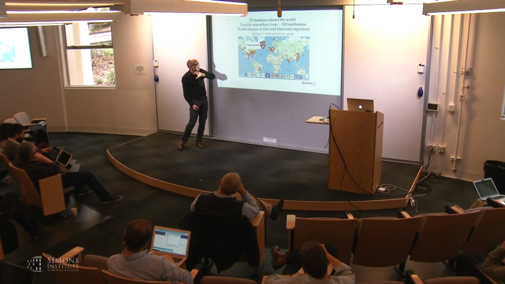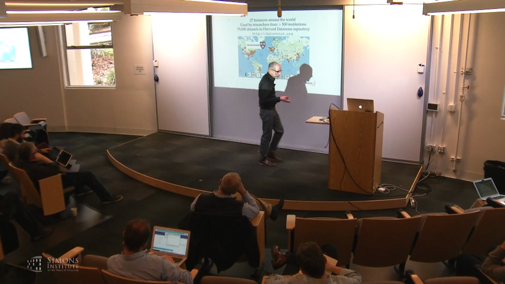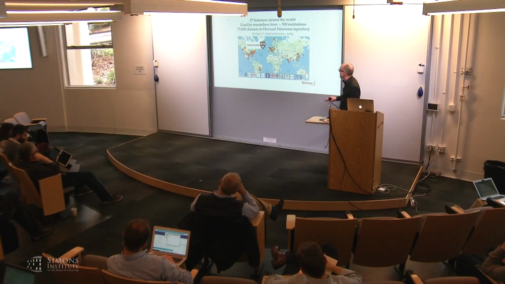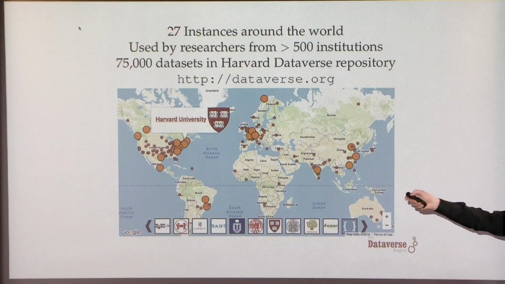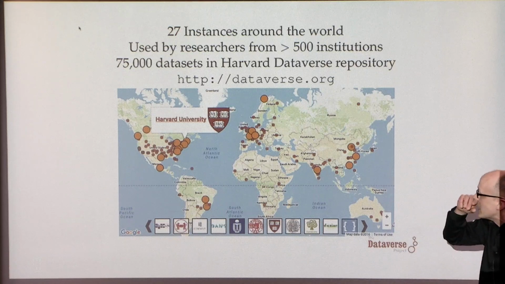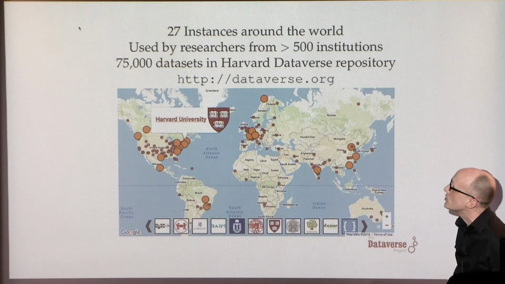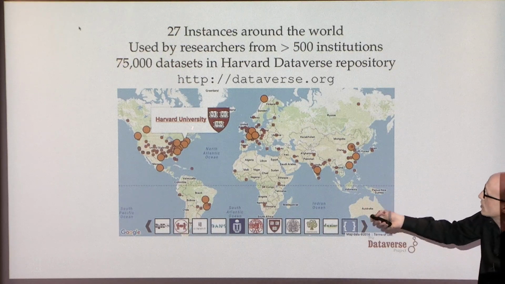Again, the data itself in this workflow is going to this repository, Dataverse. Dataverse is a federated repository for scientific data. It's an open source platform. There's currently 27 instances of this around the world. 500 institutions have researchers with accounts. There's 75,000 social science data sets in the largest of these.